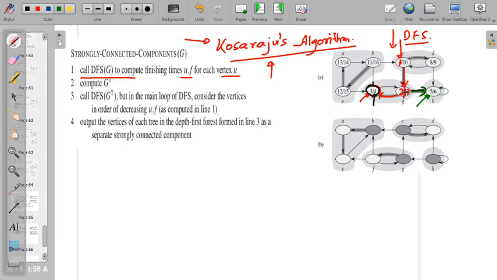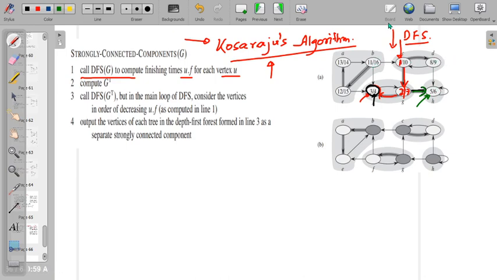Then I'll be coming back here, no other path, it is 7. Then I'll be going here, but I can go from here to here, so it will be 8. Then I am not able to go anywhere because this node is already explored, so it will be finish time 9. Then I'll be coming back here, 10. Then I cannot go any other way.